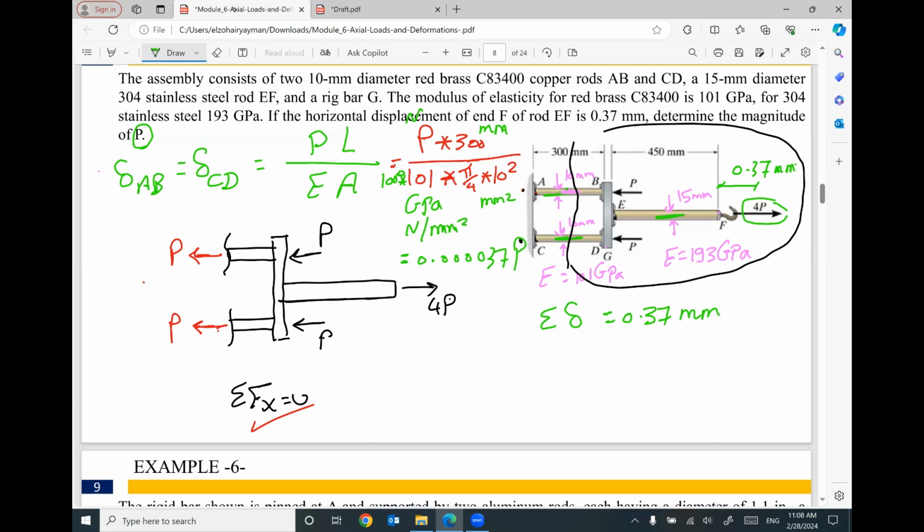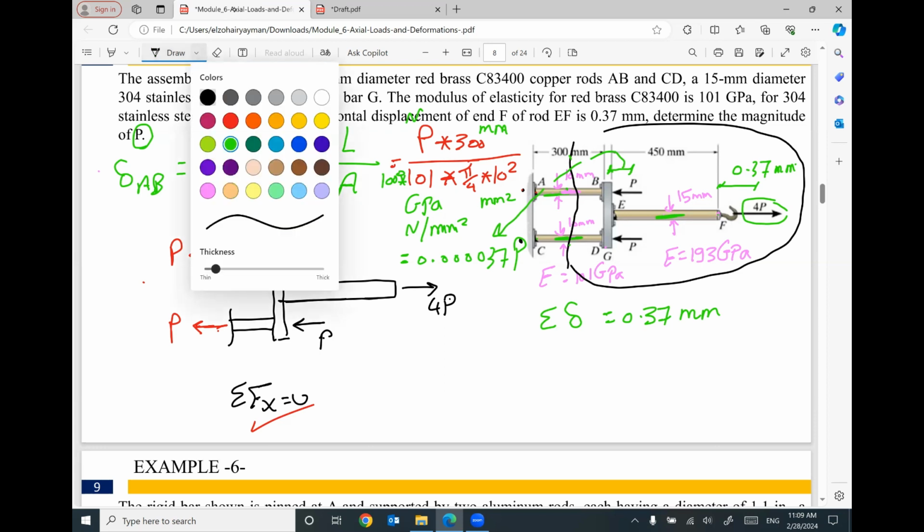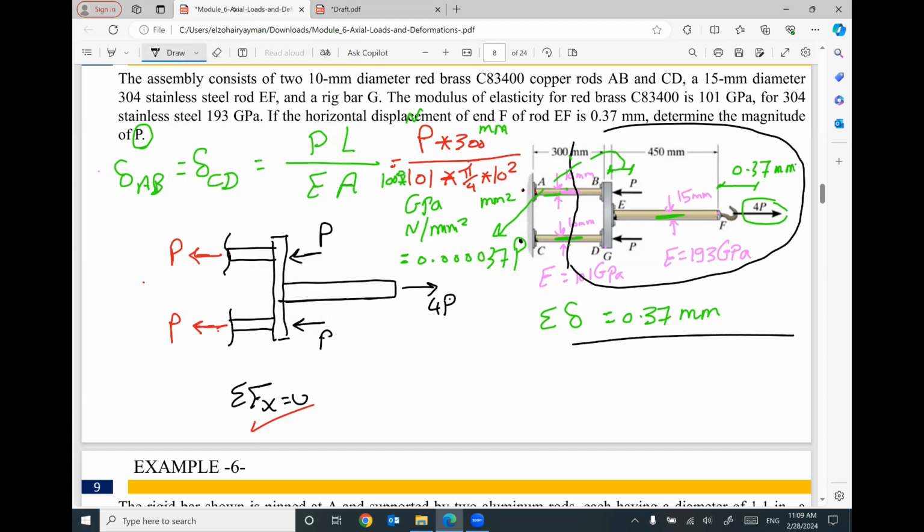This is the elongation in part AB, and it will be the same elongation for part CD. Both of them will elongate by 0.00037P. For part EF, I will make a cut here and use the right part.